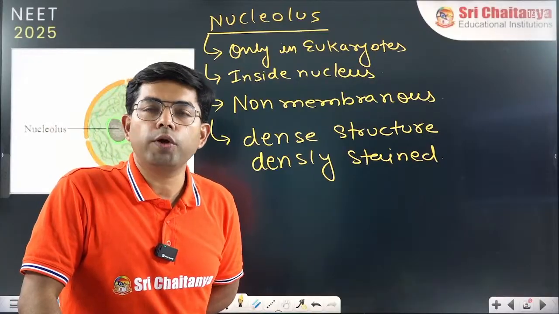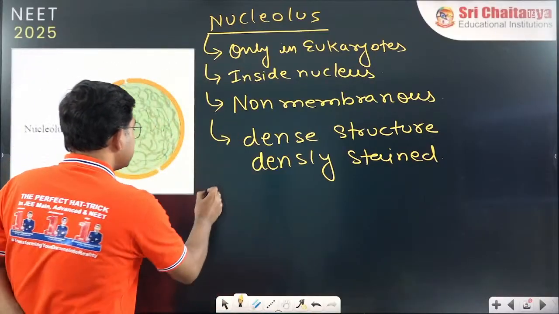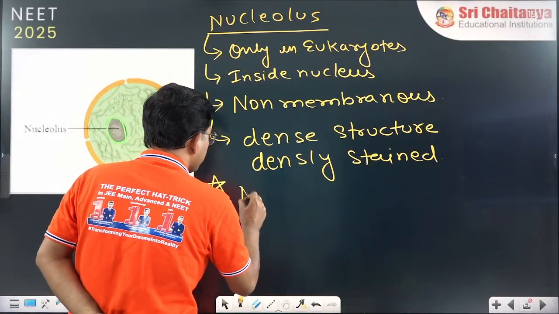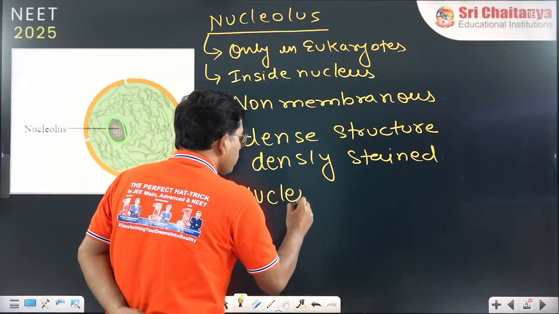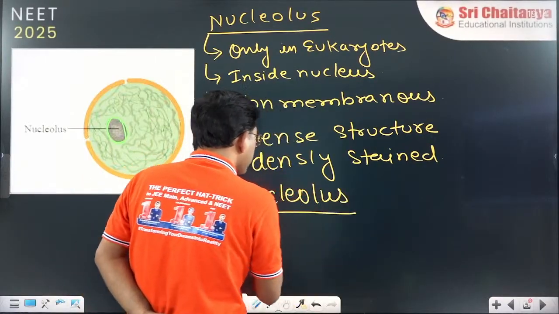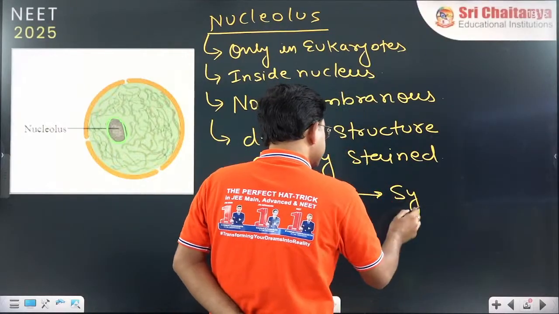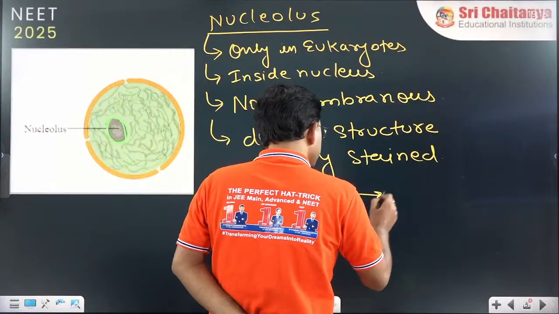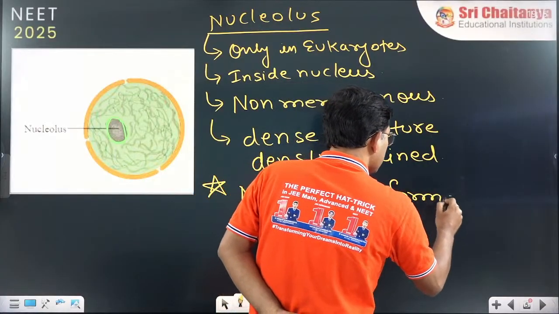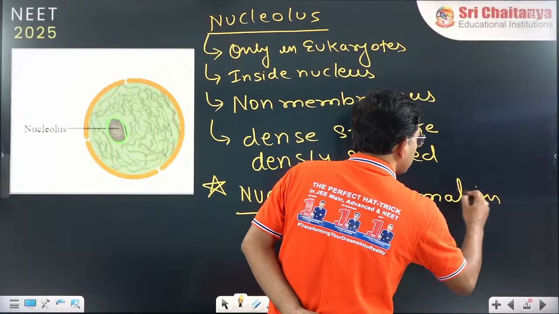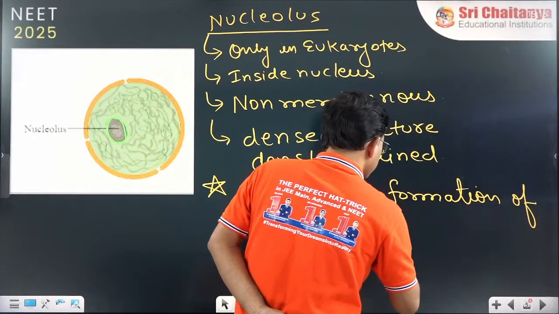What is it doing? So nucleolus is performing a very important function. Nucleolus helps in synthesis or formation of ribosome.